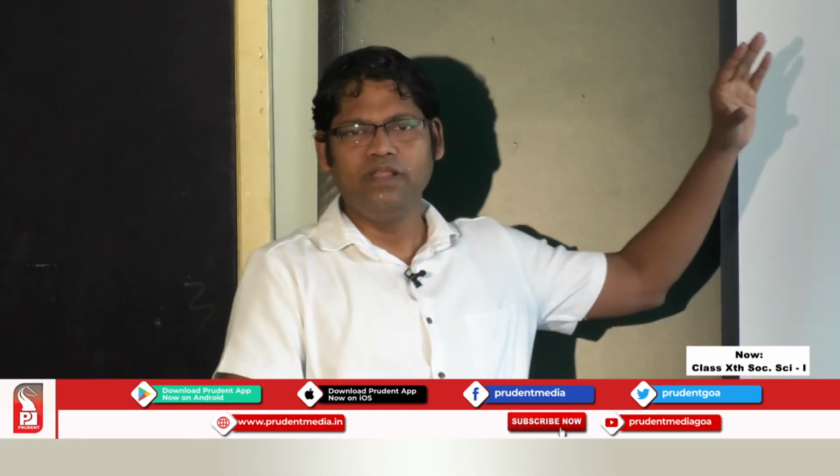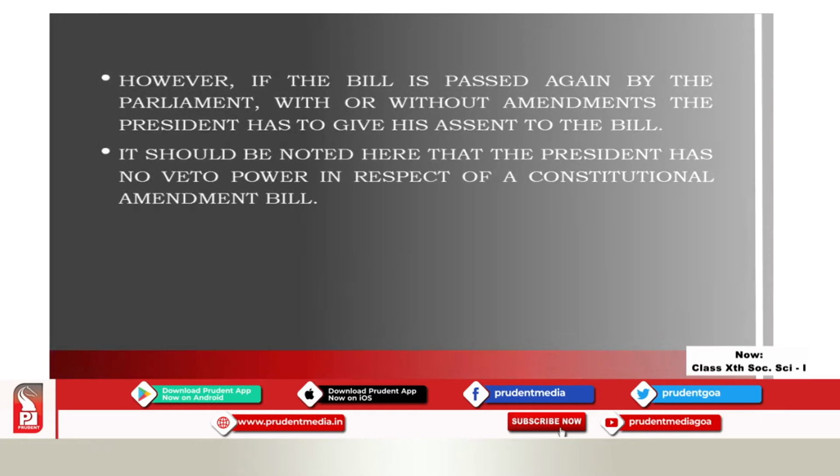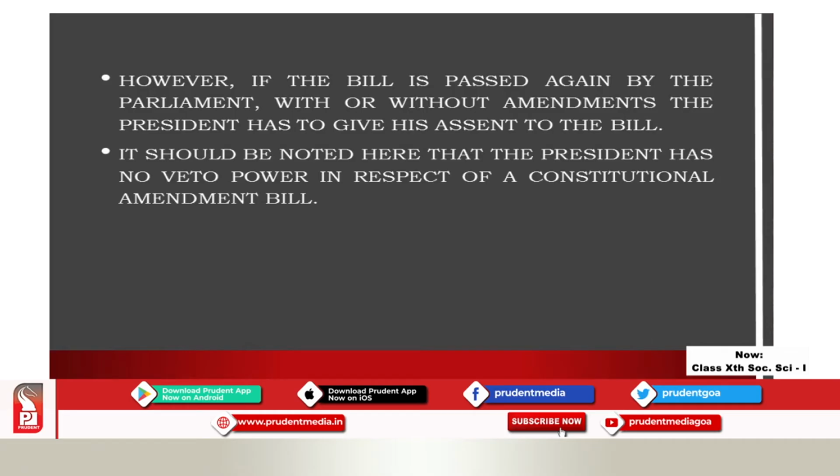However, if the bill is passed again, either house will follow the same procedure. There will be discussion and deliberation on the bill, and it will be sent to the second house, which will do the discussion and may suggest some amendments.